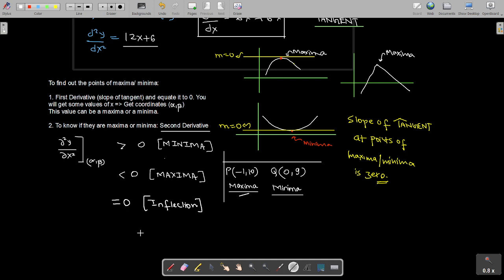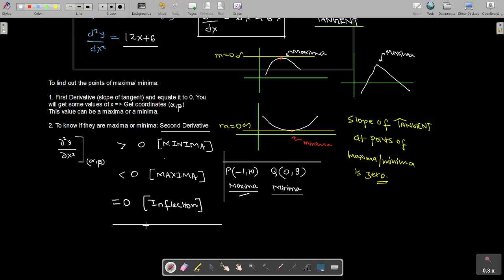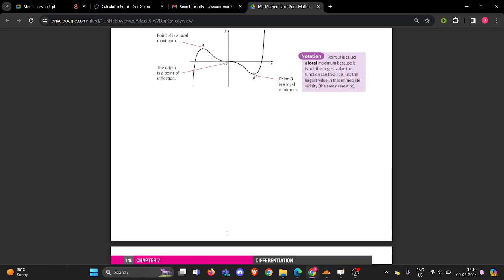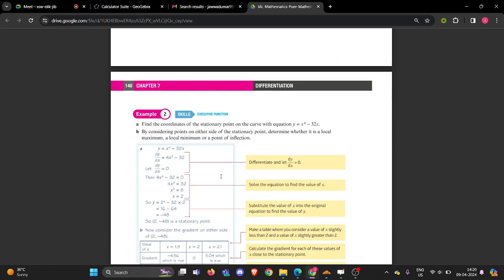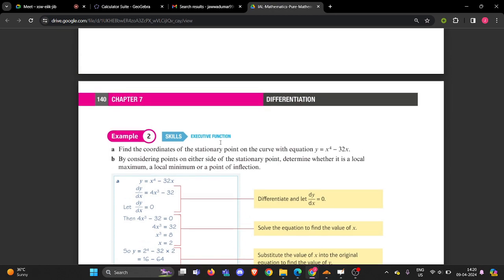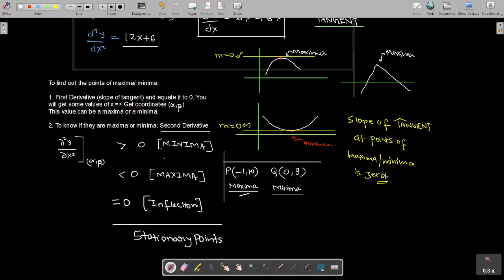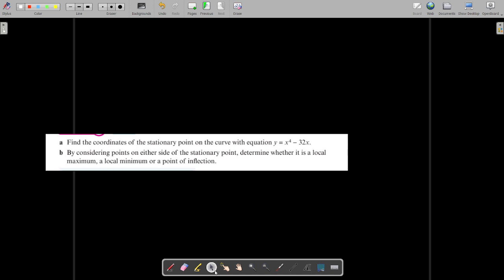All these three combined are called stationary points. We do this for this one.